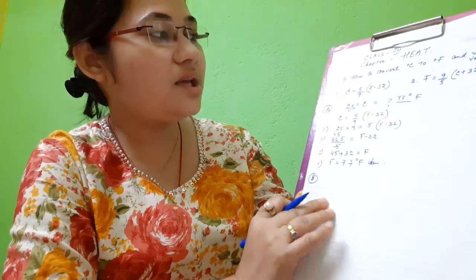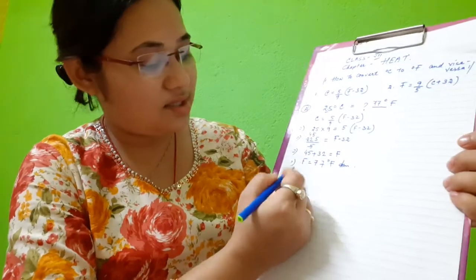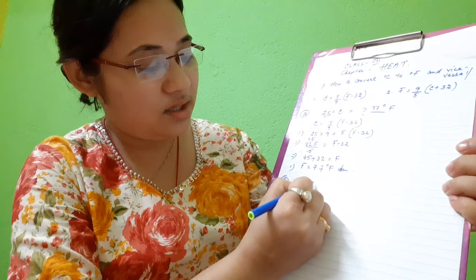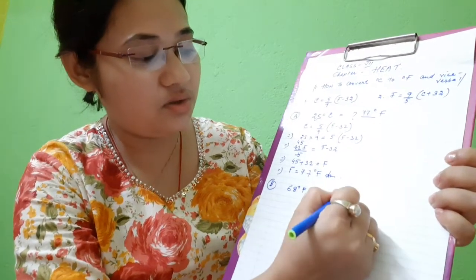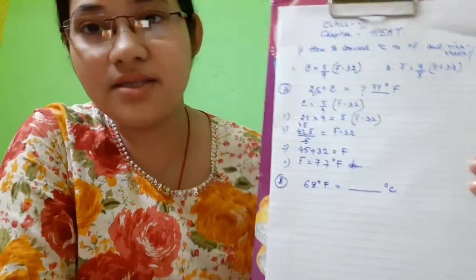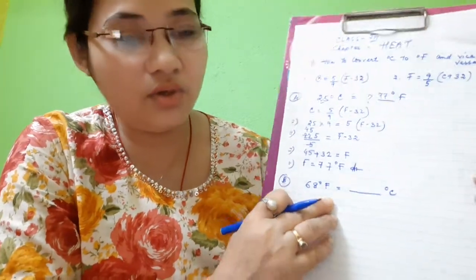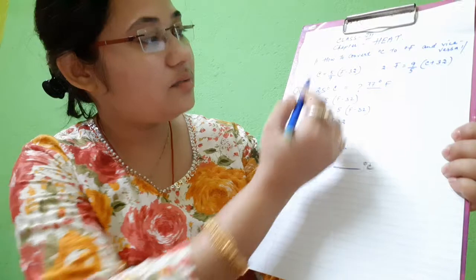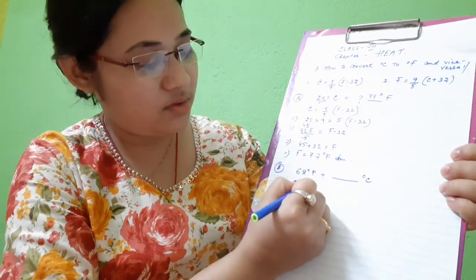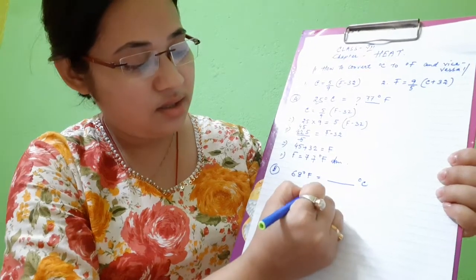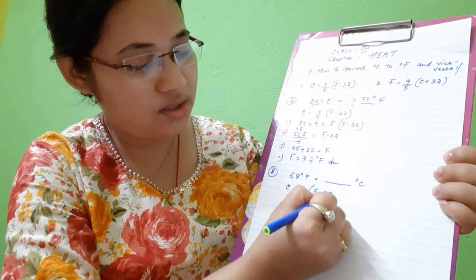Let us take suppose 68 degree Fahrenheit. This 68 degree Fahrenheit is equal to how much degree Celsius? Let us put the same equation here: c is equal to 5 by 9 into f minus 32.